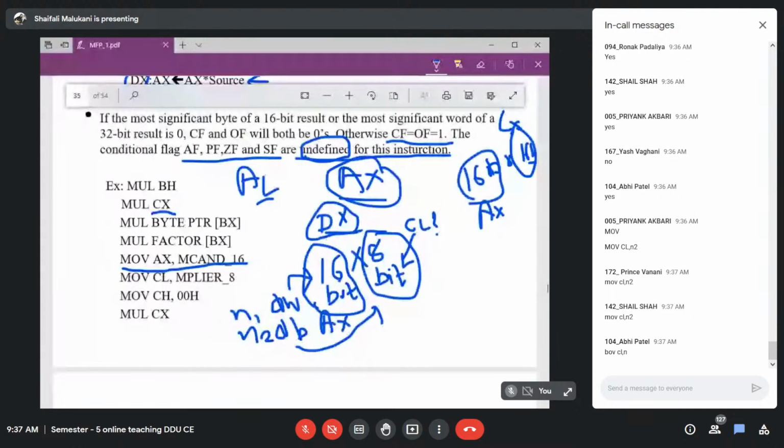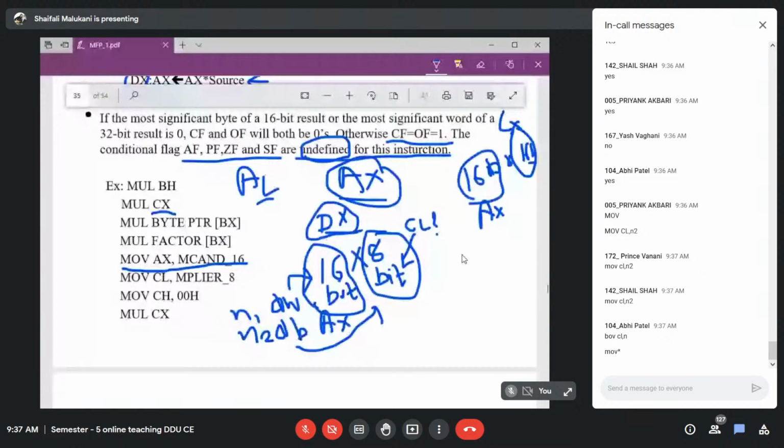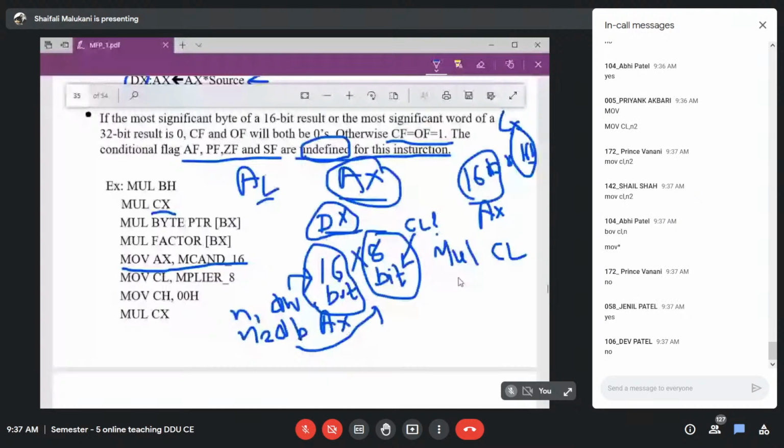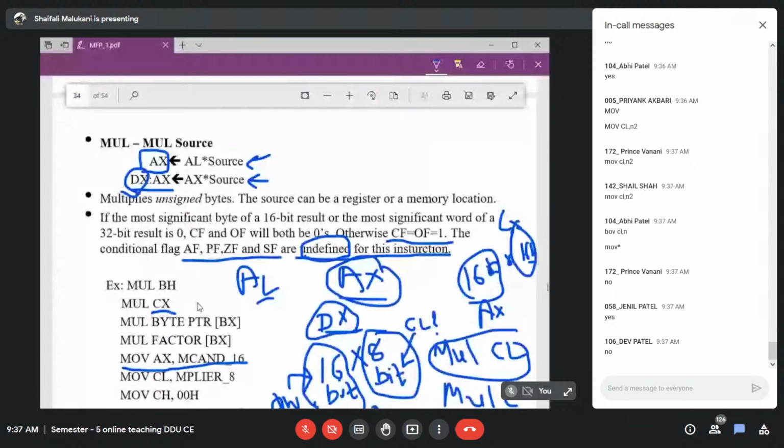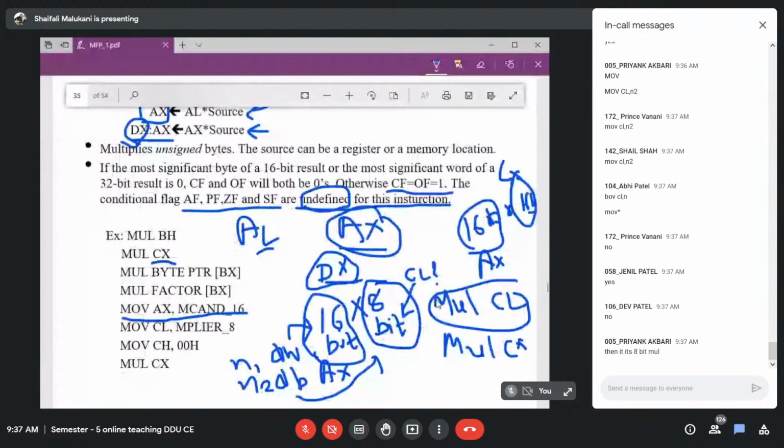Now can I write MUL CL, or should I write MUL CX? Why can I not write MUL CL? It is permitted, my source can be 8-bit data. What will be the trouble if I am using MUL CL? What will be the issue?